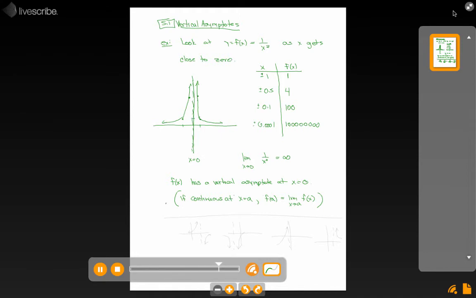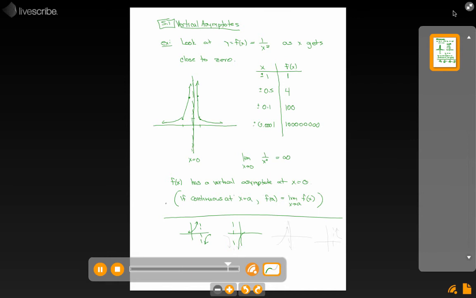But this idea of finding the limit and realizing that the limit approaches infinity is going to allow us to find vertical asymptotes for all kinds of functions. Basically, if I forget about that example for the moment, if I have a vertical asymptote somewhere, on one side, or potentially on both, I'll either be approaching infinity or negative infinity.